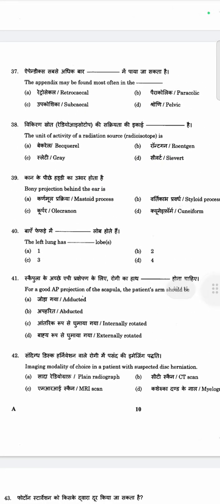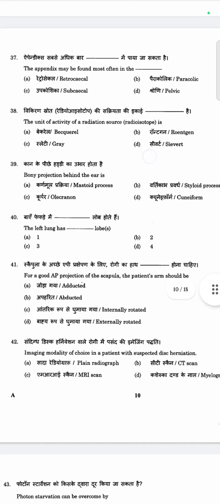Question 38: the unit of activity of a radiation source. There are two systems of units, the SI unit and the conventional unit, used for exposure, radiation absorbed dose, and rem. But here they are asking the unit of activity of radiation source in radioisotopes.